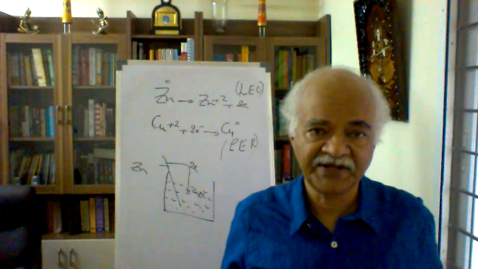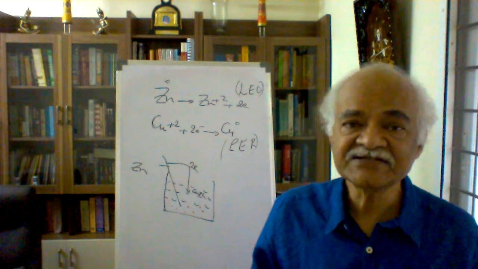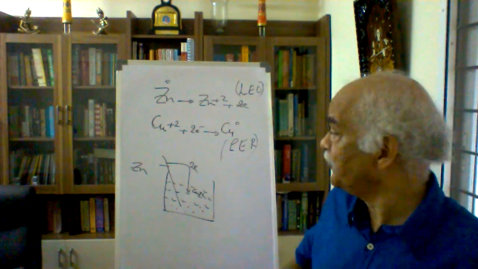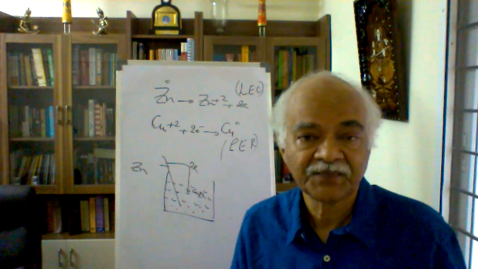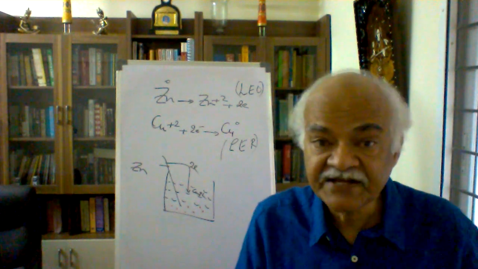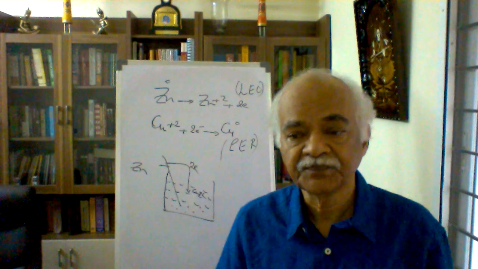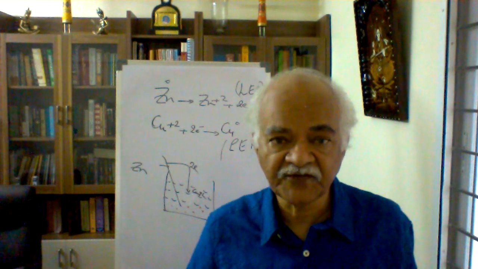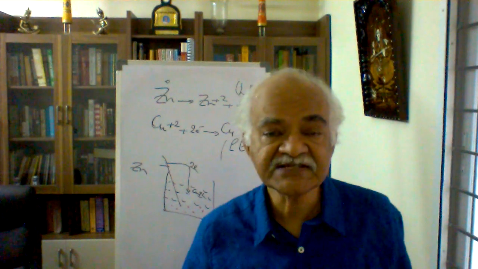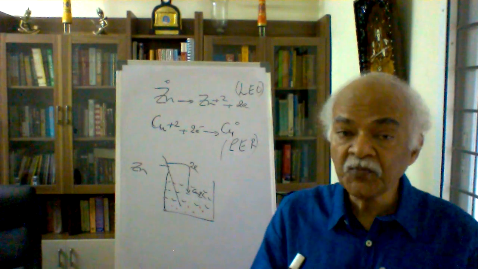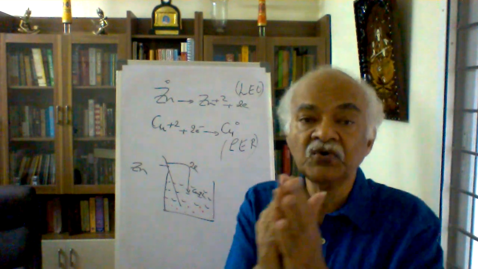Now if you watch out here, the beauty of this redox reaction is that the movement of electrons appears to have a gradient. I repeat, what is a gradient, please? Something like a slope. As per slope only the water flows. Similarly, in this case, electrons have a slope to move from zinc to copper.